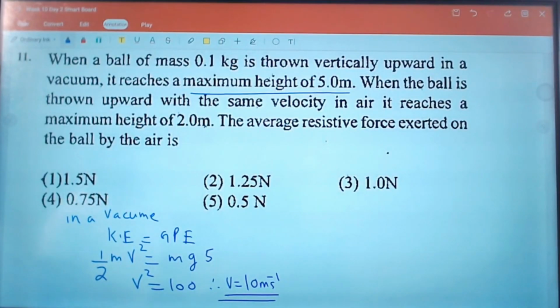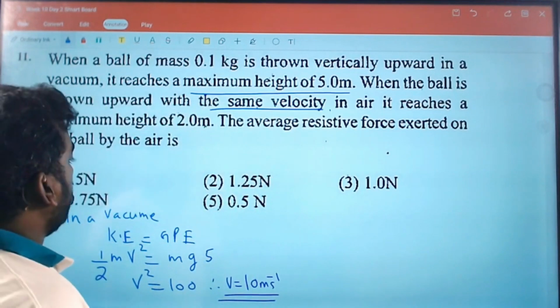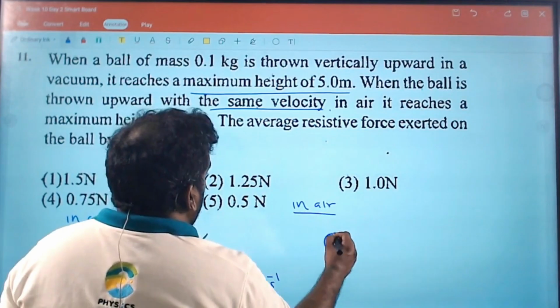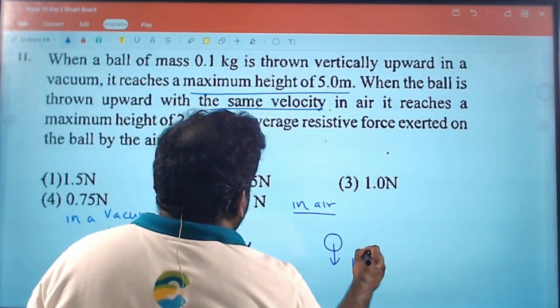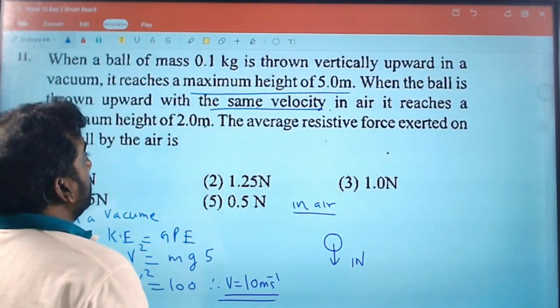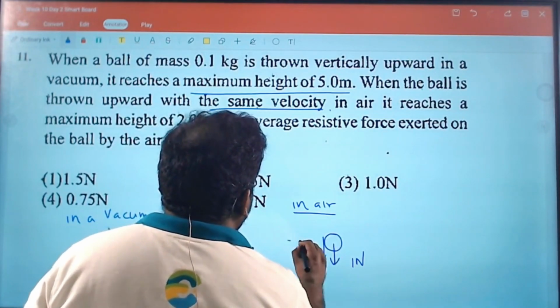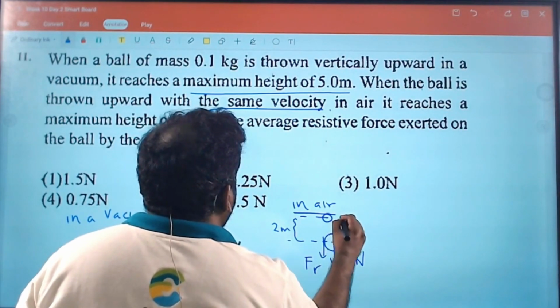When the ball is thrown with the same velocity, the maximum height reached in air: object goes up, weight is acting downwards, the impulsive force is given, and here is the air resistance force. Height is 2 meters. Comes to rest.